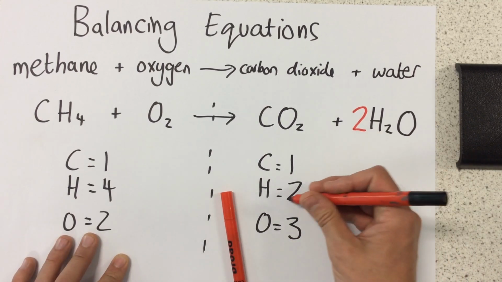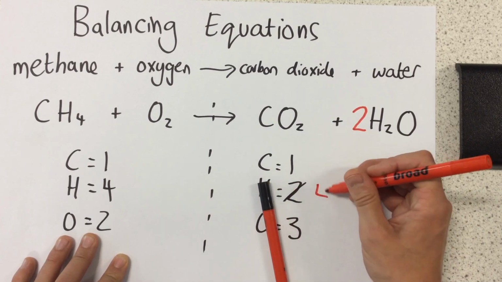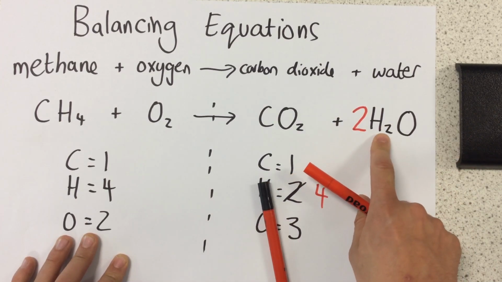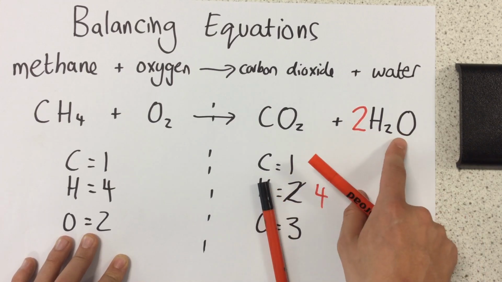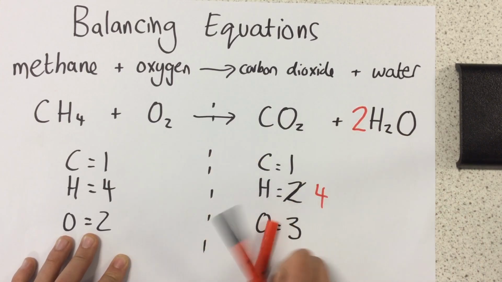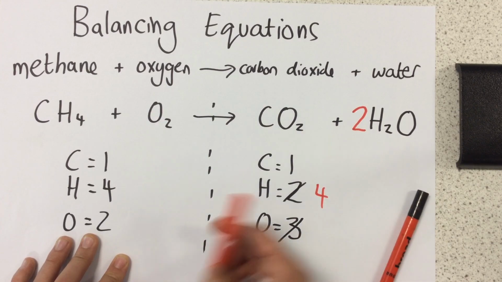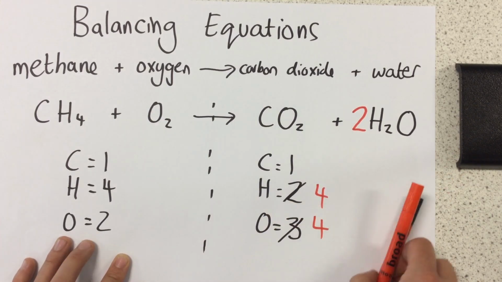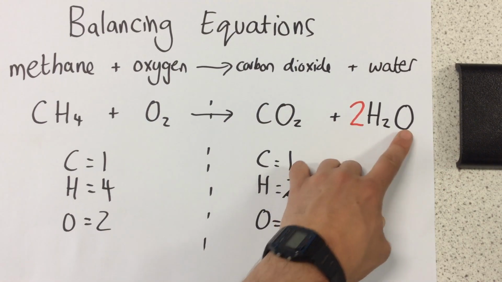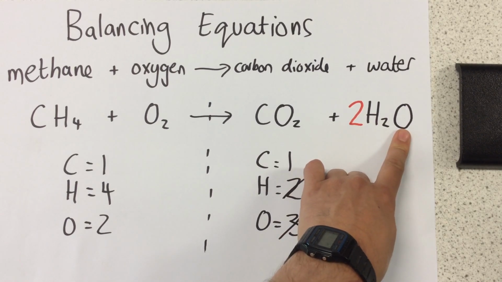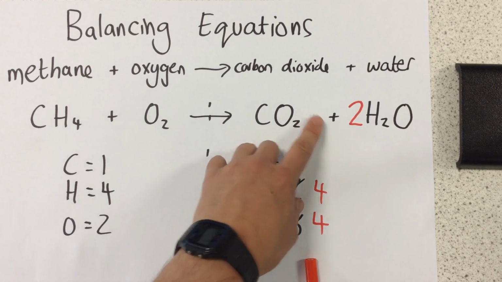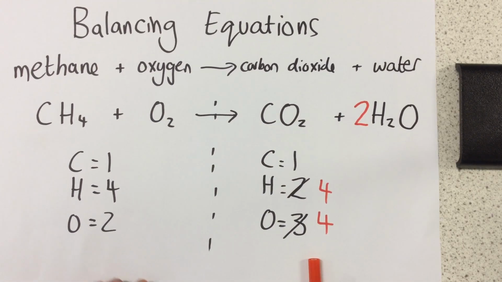So now on this side I have 4 hydrogens, 2 lots of H2, so 4 in total. And I also have 2 oxygens here and 2 oxygens here. So I now have 4 here, okay? So remember, it's 2 lots of H2 and it's 2 lots of O. So that's how we do it, we multiply it. Nice one.